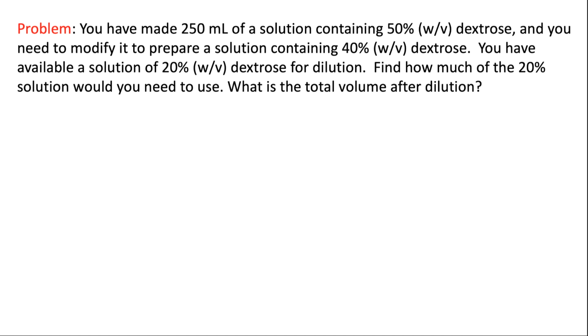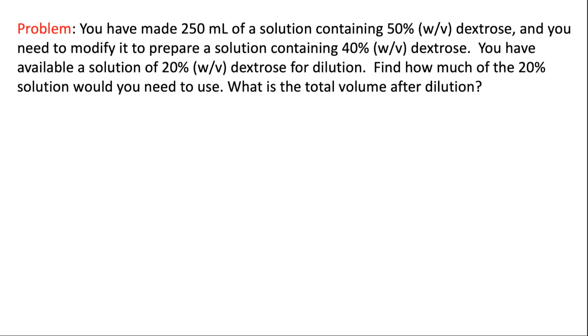It says, you have already made, okay, that's important. We already now have 250 milliliters of solution that contains 50% weight per volume of dextrose. And you need to modify this 50% down to, or essentially lower its concentration down to 40% weight per volume dextrose. You have available to do that, we're going to use a 20% weight per volume concentration.